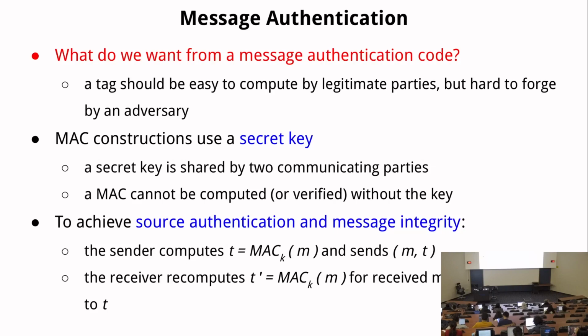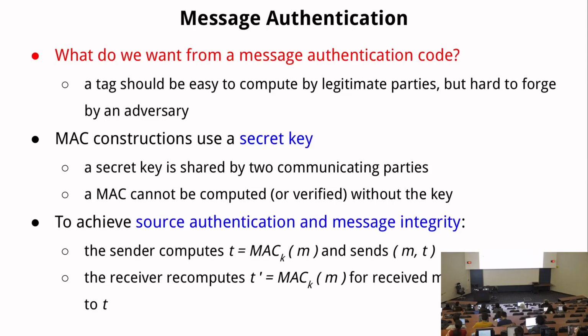So what we do with this protocol is, let's say Alice wants to send a message M to Bob. In addition to the original message M, Alice will compute a tag.